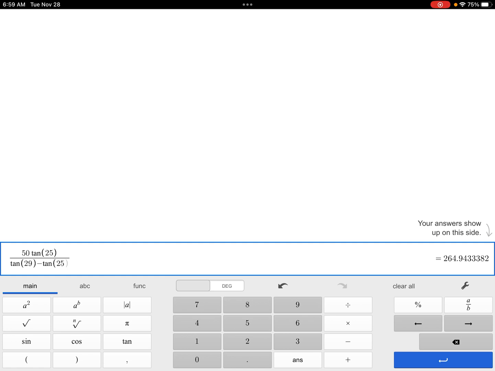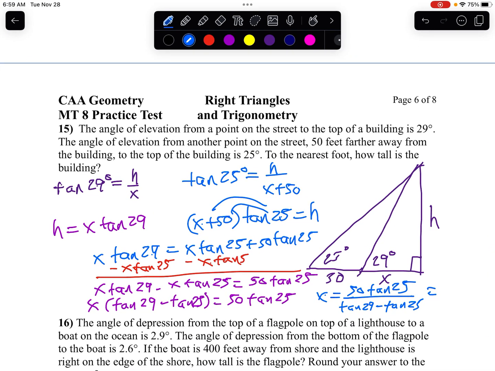Make sure you close your parentheses, and you get about 264.94. Now that's X. That's not the height.